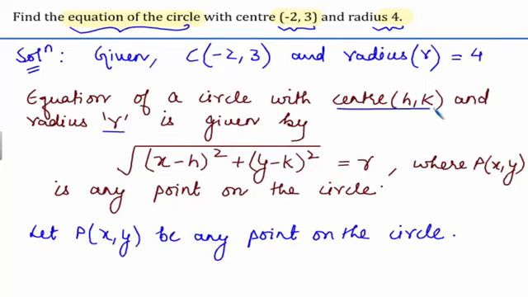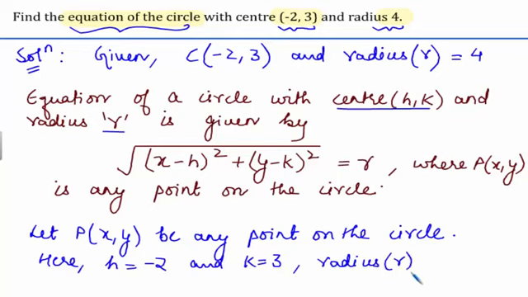Now on comparing the center h, k with the given center, we see that here in this case h is equal to minus 2 and k is equal to 3, and also the radius of the circle is equal to 4.